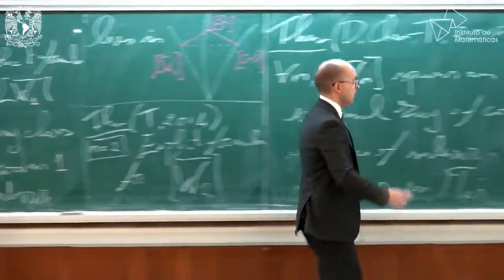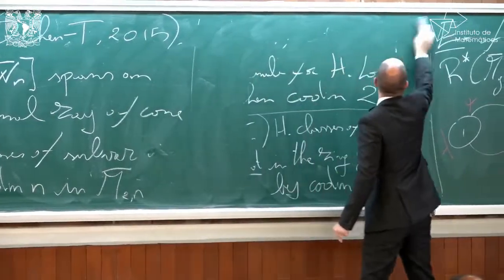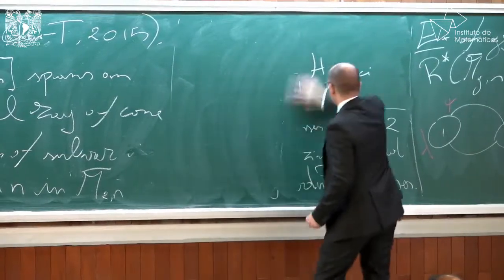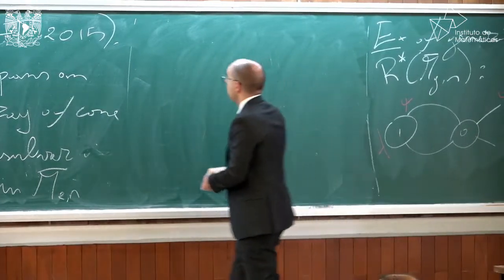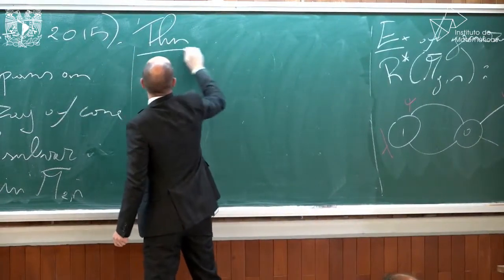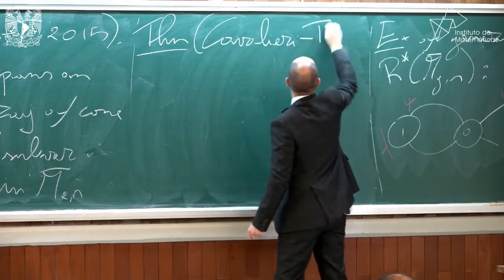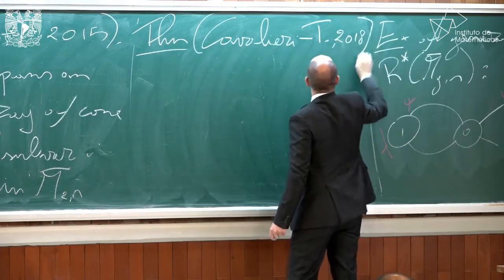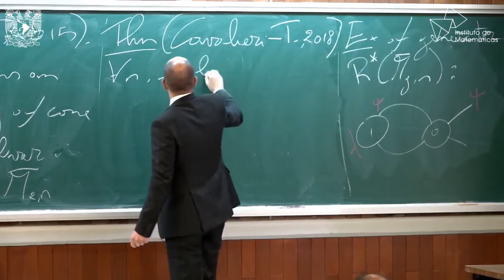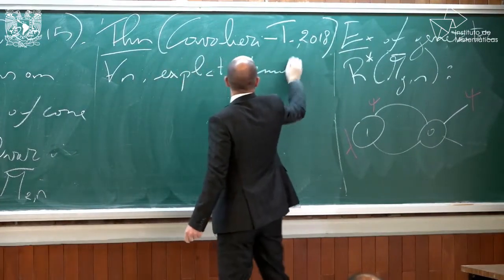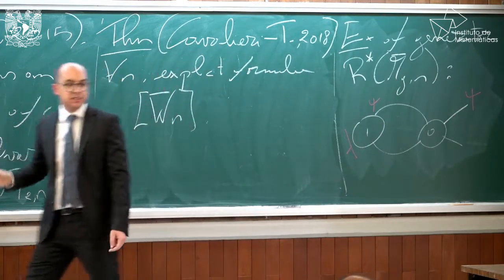And this is the problem that I addressed and solved at the next step. So let me tell you a little bit about that. This is in collaboration with Renzo Cavalieri from Colorado State. And the formula is, for every n, an explicit formula for all the Weierstrass loci.